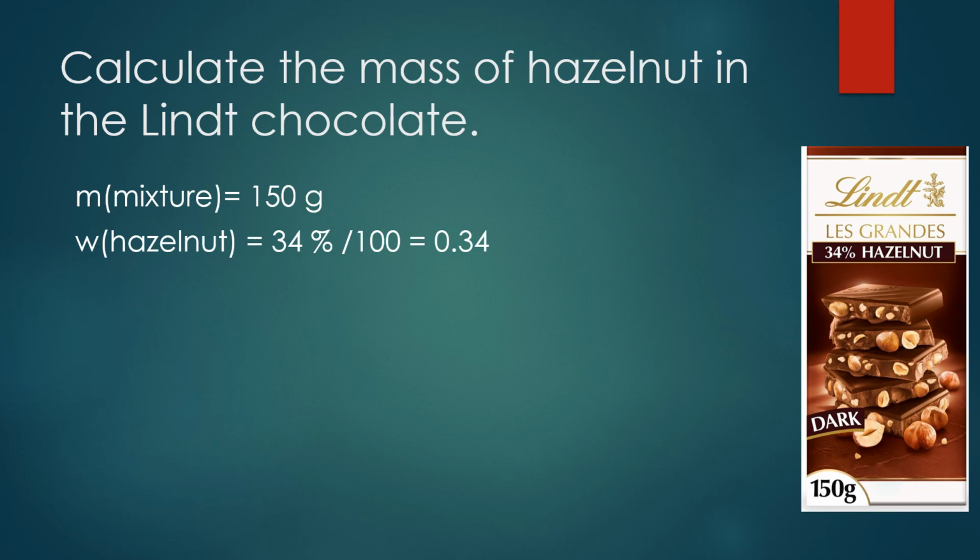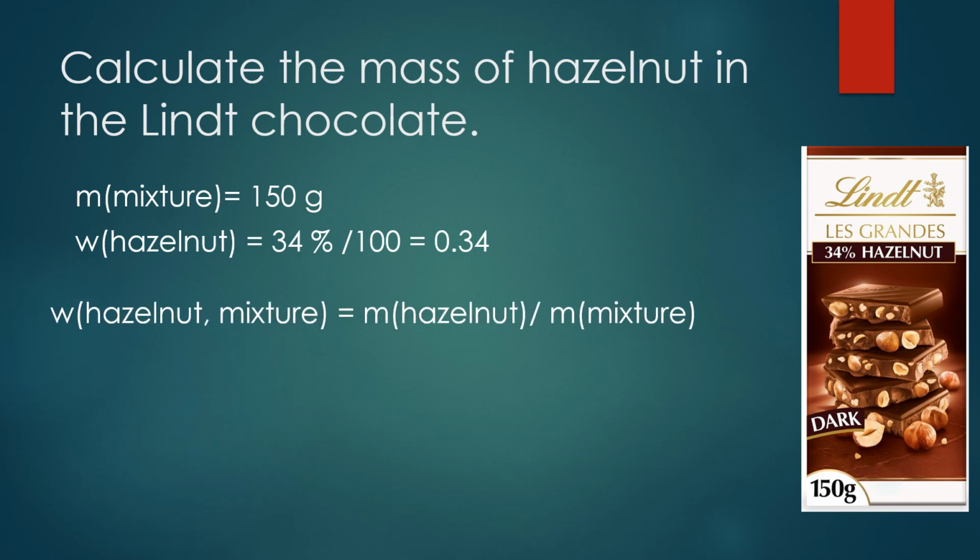So what do we want to find out? We want to find out what is the mass of hazelnut in this Lindt chocolate. So again, mass fraction, small w, what we need to find out, hazelnut in the mixture. So we need the mass of these nuts divided by the mass of the mixture.